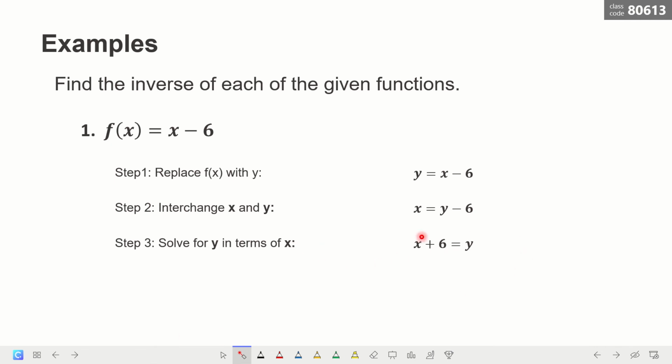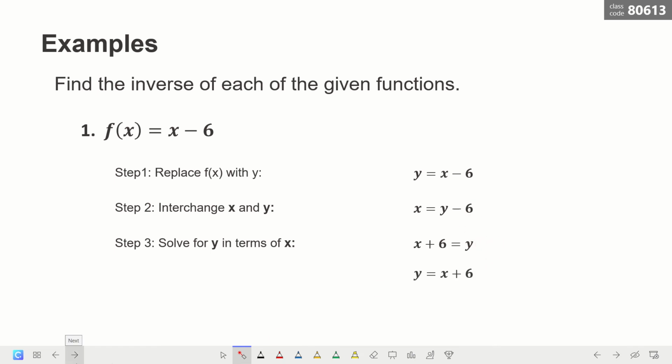Step number 3, solve for y in terms of x. So, yung equation natin dito is x is equal to y minus 6. So, to solve for y, i-transpose lang natin ito. Ilipat lang natin. So, the inverse of subtraction is addition. So, mag-add lang tayo ng 6 sa kabila, para matanggal natin si 6 dito sa part ni y.